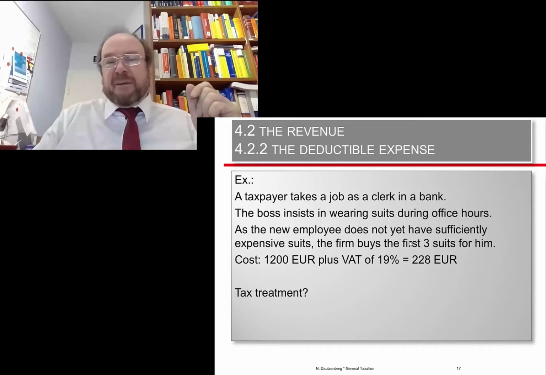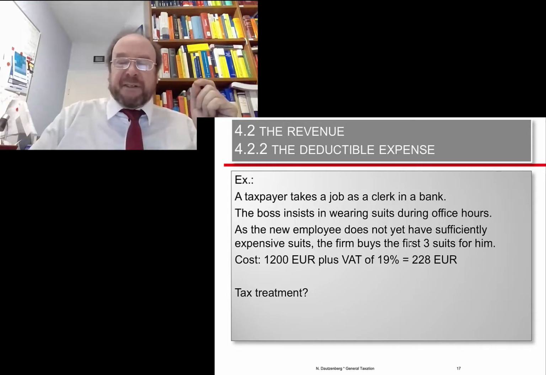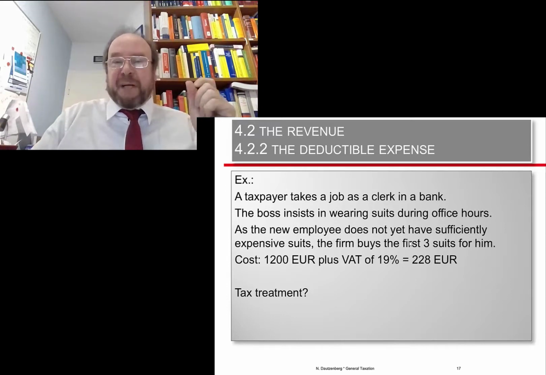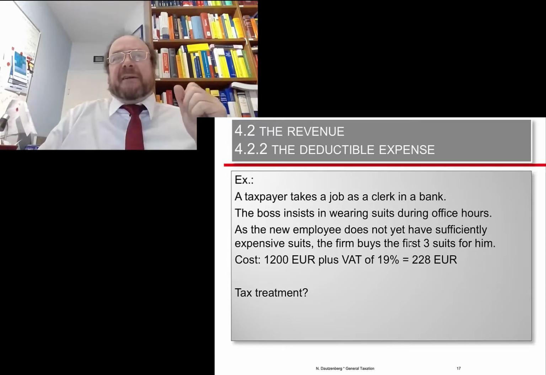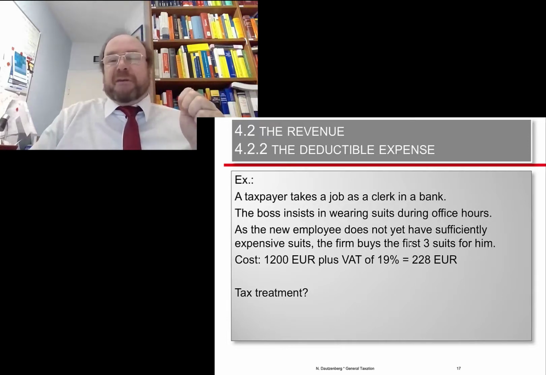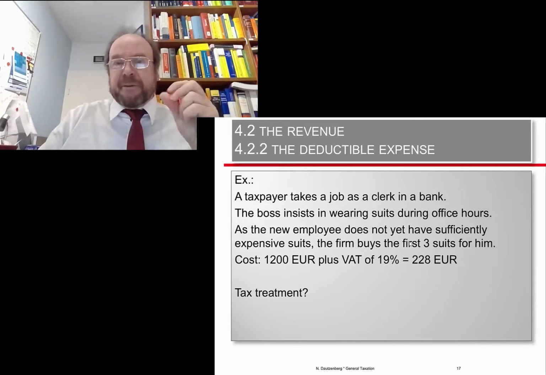Can Mr. Smith now prove that there is no private advantage which is materially involved in his spending that money? Let's think about that. Now, our first naive idea would be Mr. Smith affirms under oath that he has been forced by his boss to buy suits. That would not really help because Mr. Smith could, even under oath, probably lie.